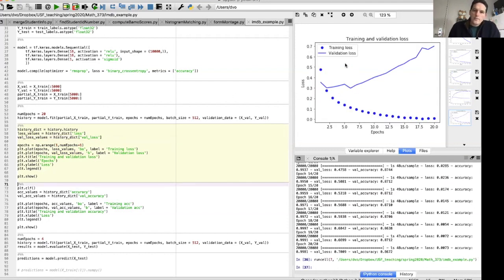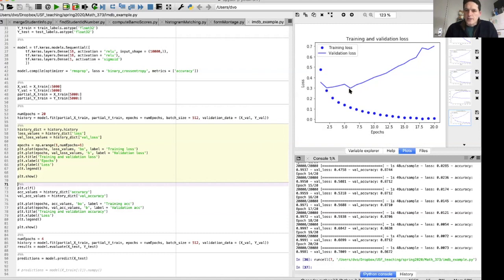Here you can see the dotted curve, that's our objective function value at each epoch, computed using the training data. This solid curve is our objective function value at each epoch computed using the validation data. And here we see overfitting happening. We are face to face with overfitting. For the first couple epochs, we're making progress on both the training data set and the validation data set.